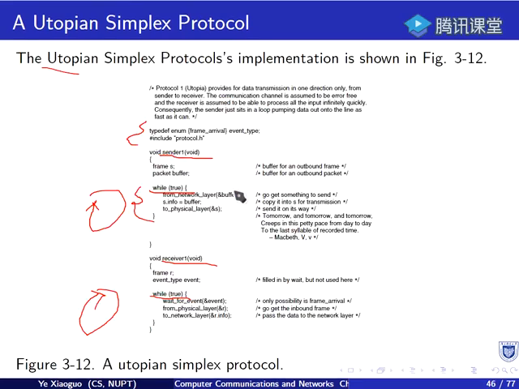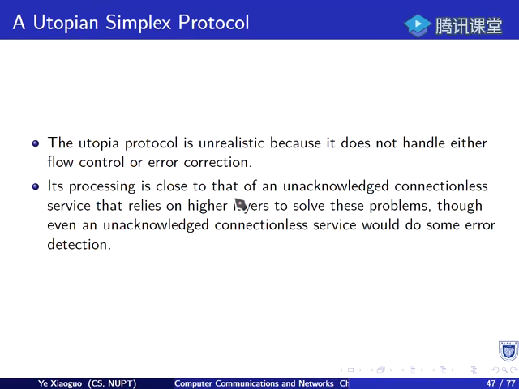The utopian protocol is unrealistic because it does not handle either flow control or error control.